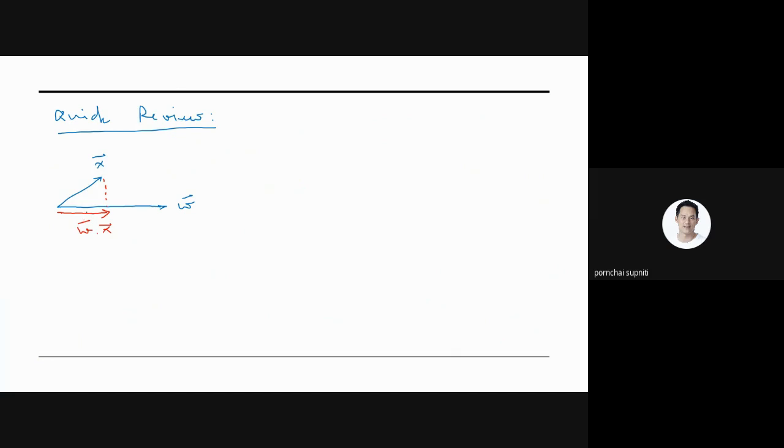This line is going to be perpendicular to w with the angle of theta. This is from the matrix analysis course.